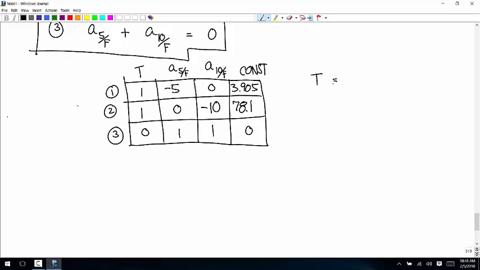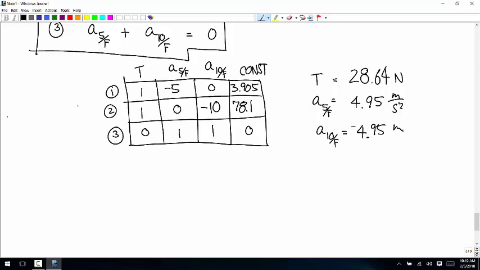Could a couple people calculate that for the tension? 4.95. And so A10 relative to the floor is 4.95 negative.